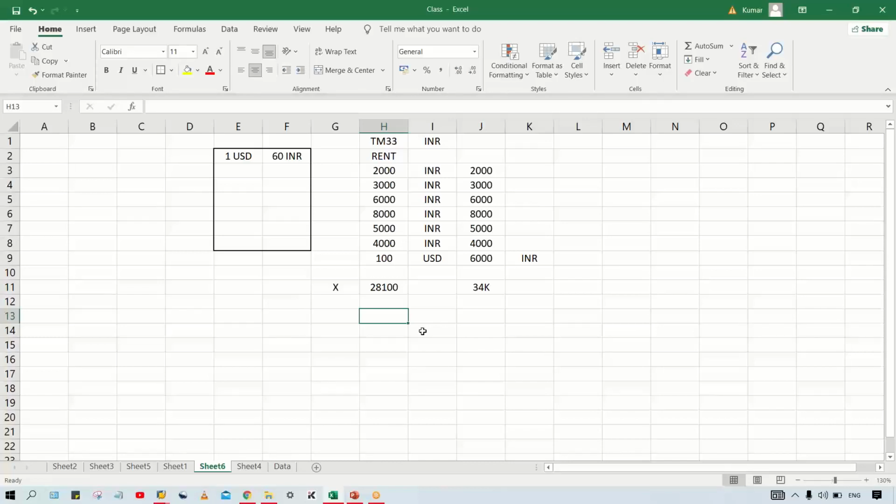The bank says that if you give me, let's suppose, 60 Indian rupees, 60 INR, then I'll give you $1. So here $1 equals 60 INR.